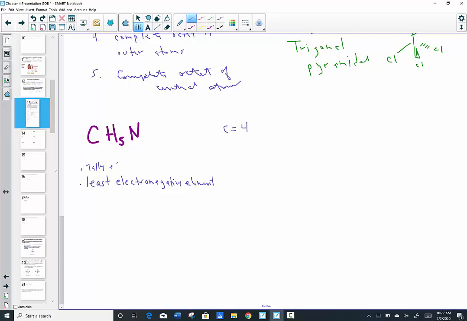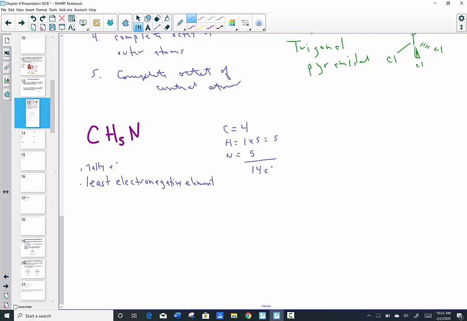It will contribute 4 dots. Hydrogen lives in group 1A. It contributes 1 dot, but there's 5 of them in the structure, so I'll get a total of 5 dots from the hydrogen. And of course, nitrogen lives in group 5A. So let's add what we have. We get 4, 9, 14. This adds to 14 electrons, 14 dots to build our structure.